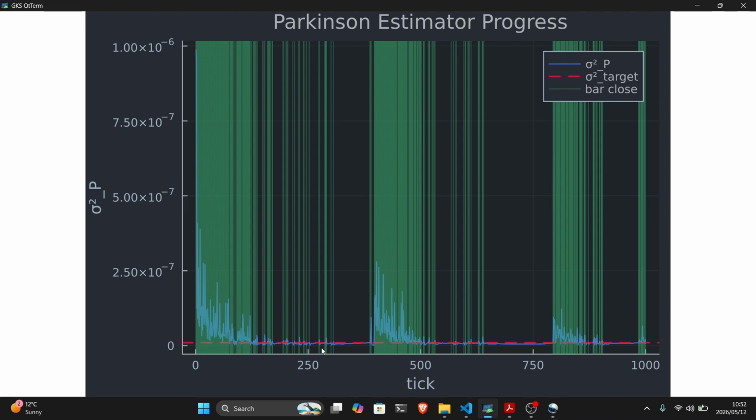But as usual, the most interesting periods are where the target is not hit. But that's about it for today.